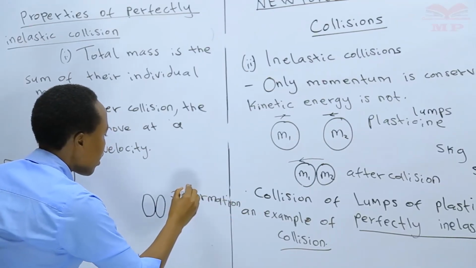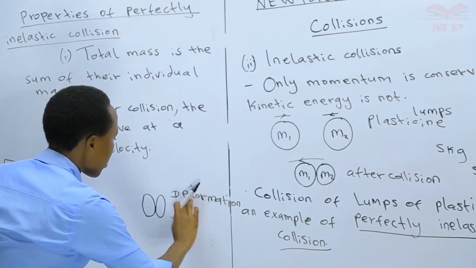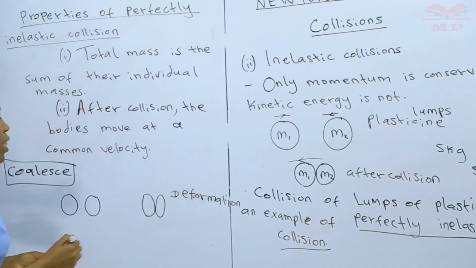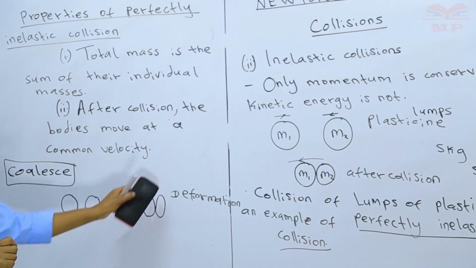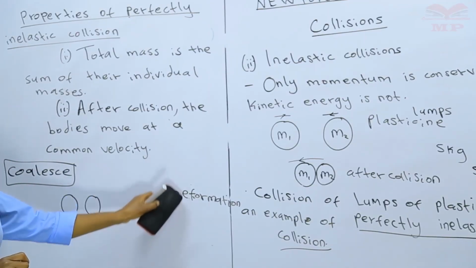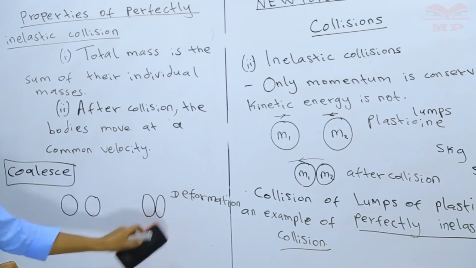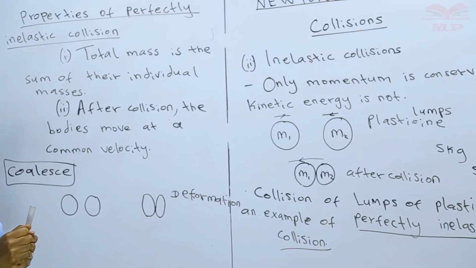So we say that the kinetic energy is lost because, one, some energy is lost during the deformation. Again, when the two collide, there may be production of sound, and sound is a form of energy.